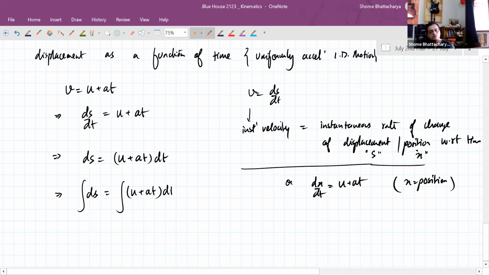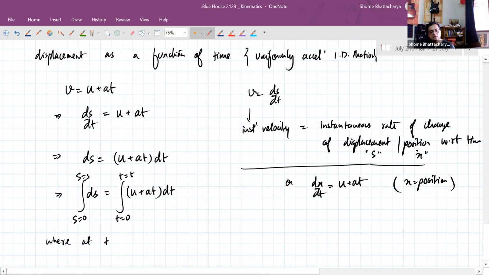Now again, when I integrate, on the right hand side, I'll take the limits 0 to some instantaneous time t. So my displacement is going from 0, because where we start from is taken as the position from which the displacement starts. So the displacement is 0 at time t equal to 0.